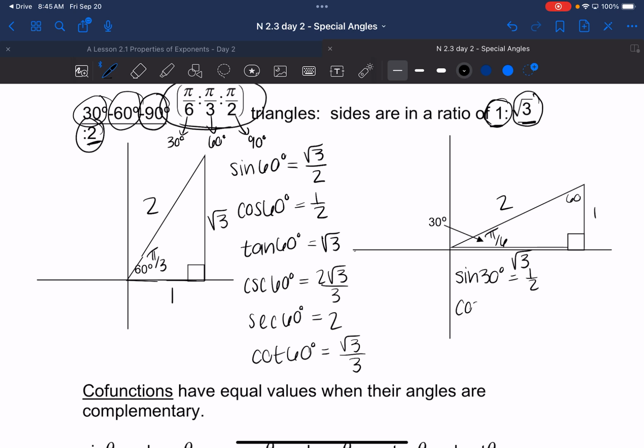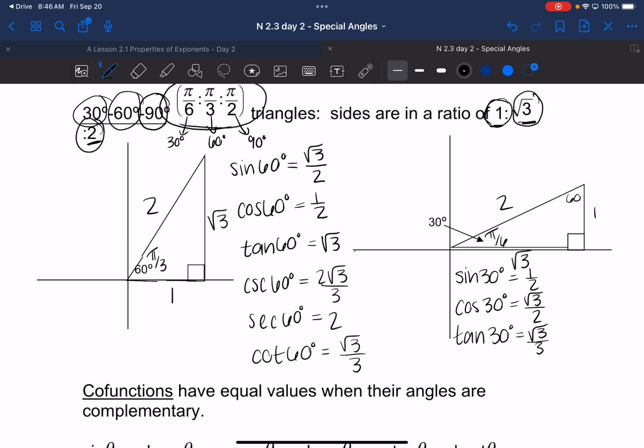Okay, and then cosine of 30 degrees would be x over r, which is going to be square root of 3 over 2. Okay, and then what about tangent of 30? Right, 1 over root 3, which we have to simplify to root 3 over 3.